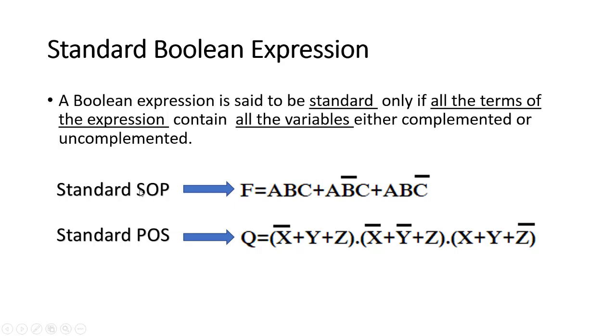And this is in SOP form. Why? This is a sum of these products. So this is known as a standard SOP expression. And this one is a product of these three sums. So this expression is called a standard POS expression.